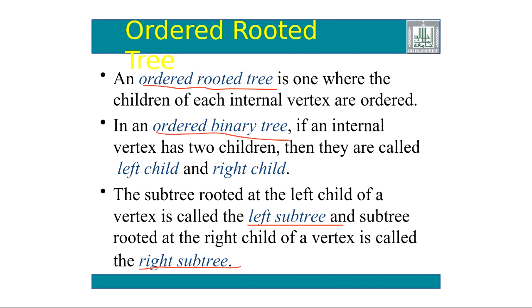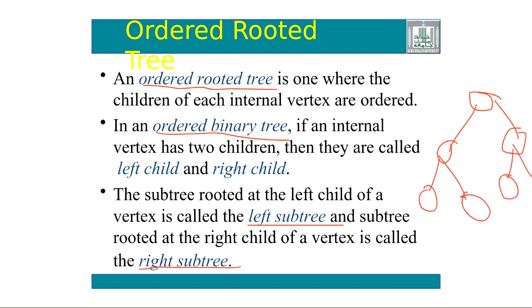Okay, ordered binary tree. Ordered binary tree means, see here, this is a root, and this root has 2 children, and this is a root, this root has 2 children, and this is another 2 children. That means each and every root has 2 children, a left child and a right child. That tree we can say is an ordered binary tree.